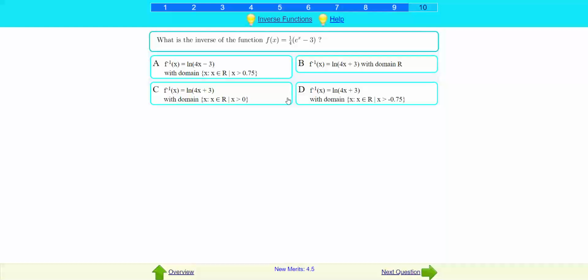So we know that the answer is ln of 4y plus 3. So this is not true. So it's going to be this, this, or this. Now we know the ln can't be negative, right? So it can't be ln of minus something. That can't happen.